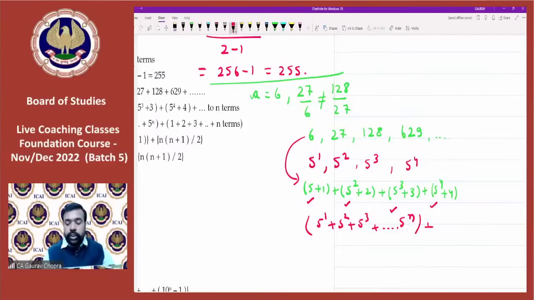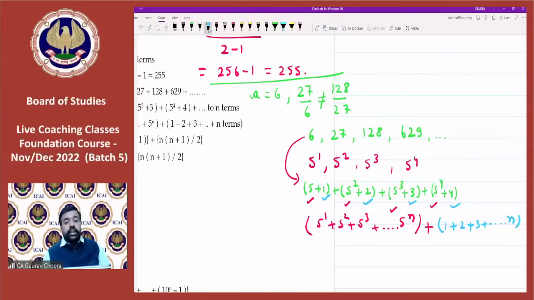This is the first portion. What about the second portion? The second portion is 1, 2, 3, 4, and so on. So 1 plus 2 plus 3, and so on up to n numbers. So it is the combination of two series.